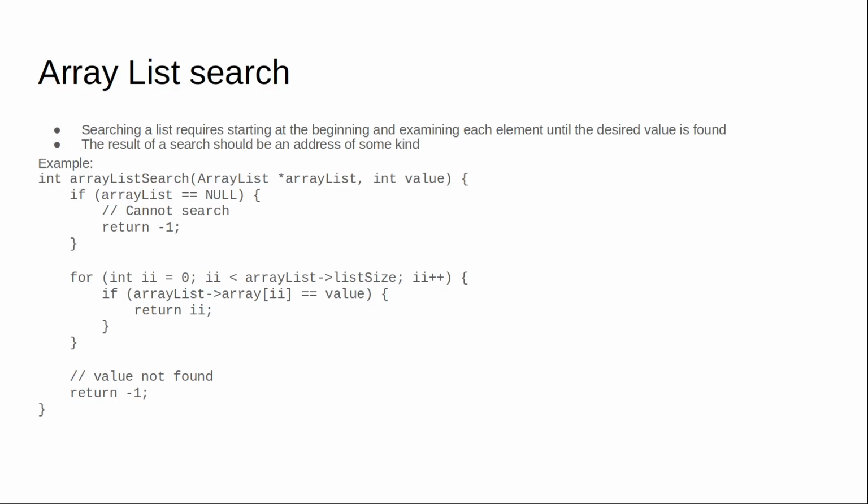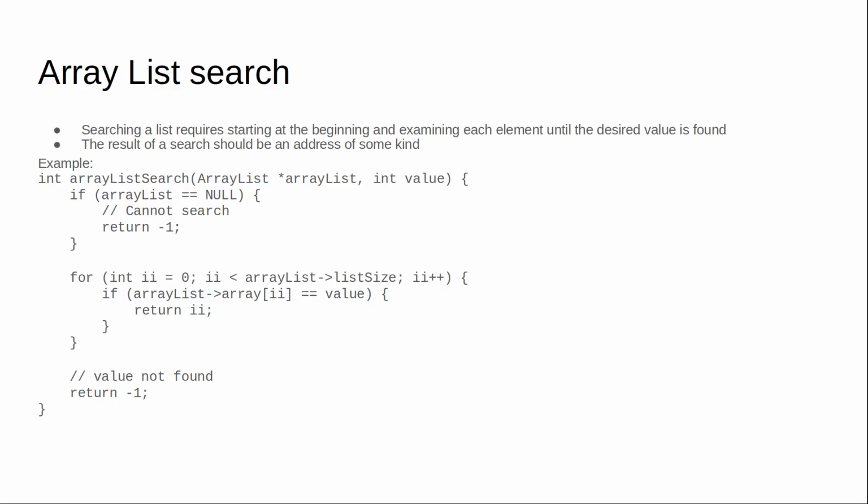Or we could return a pointer to the value in the array or in the list. One may be more important or valuable to you than the other depending upon what you're doing with the list. For what we're doing here, having the index of the element within the array is more valuable for the rest of this implementation, and so I've implemented returning an index here. That just happens to be what's valuable here, but you may see other implementations that return a pointer.